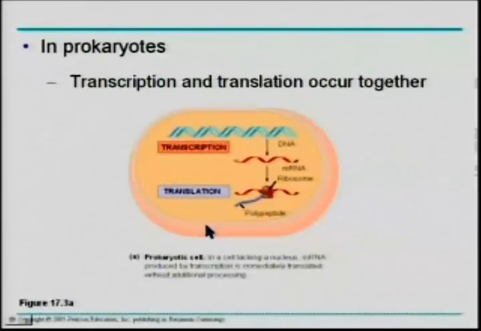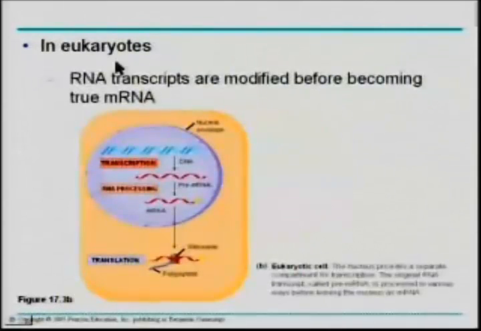So this is a prokaryotic cell. In a cell lacking a nucleus, the mRNA is produced by transcription and is immediately translated without additional processing. So there's no nuclear envelope, there's no processing of the RNA. As soon as it is being made from the DNA, the ribosomes can interact and translate it into proteins.